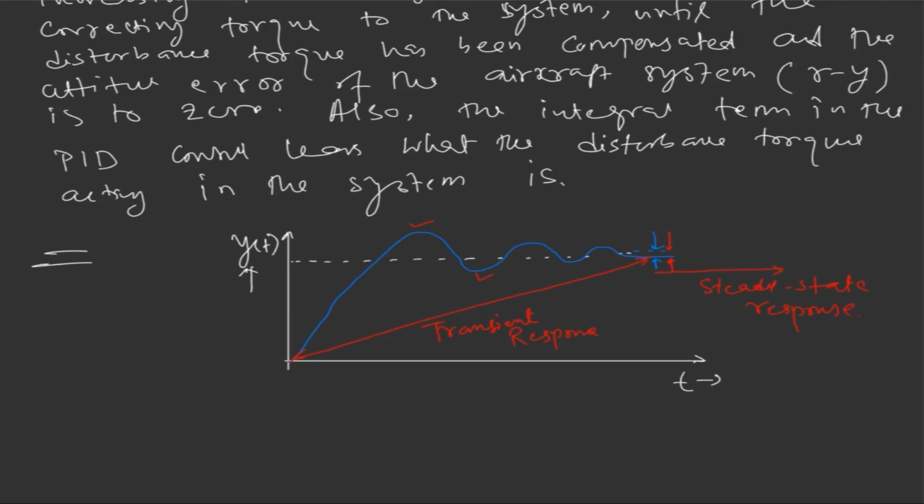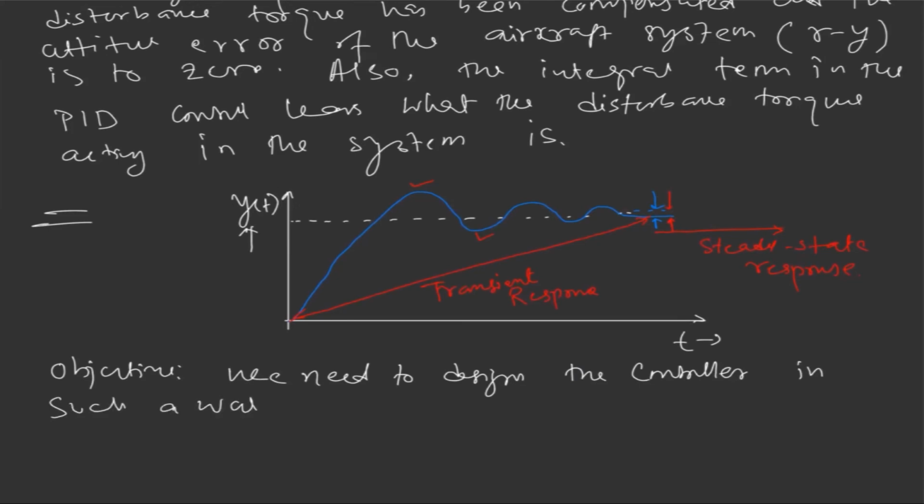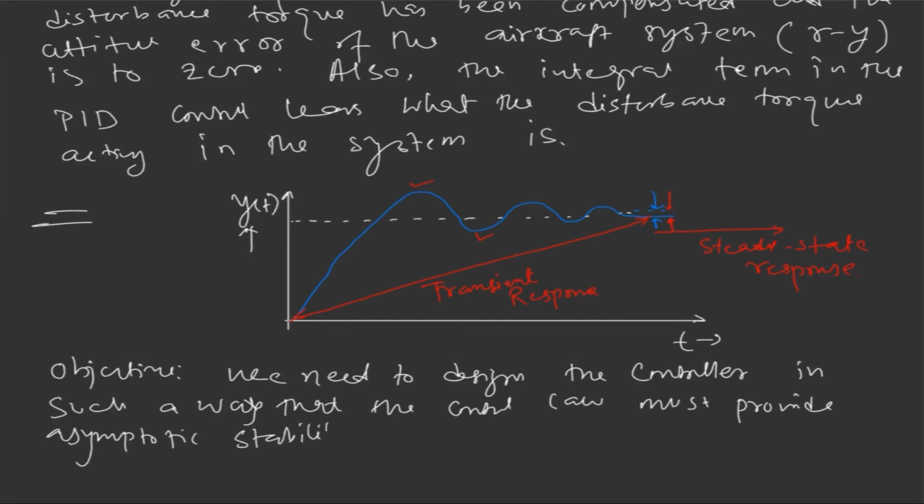So the objective is that we need to design the controller in such a way that the controller must provide asymptotic stability to the closed loop system.